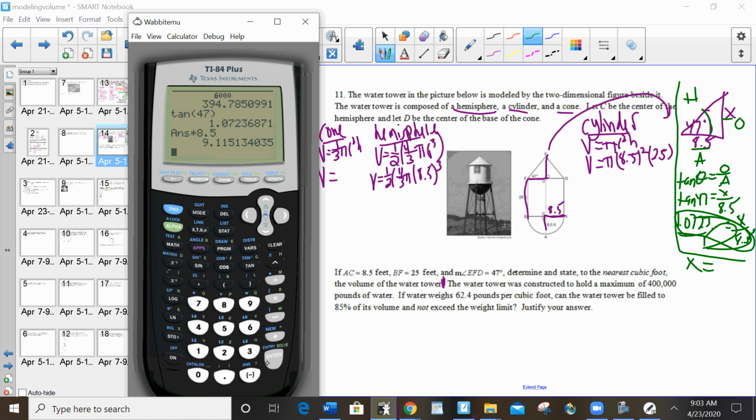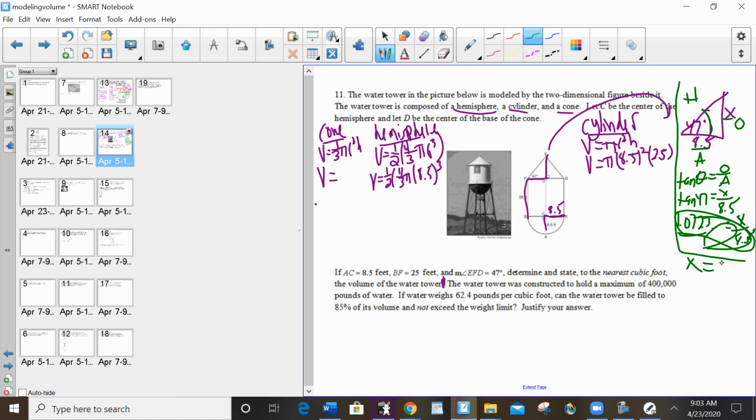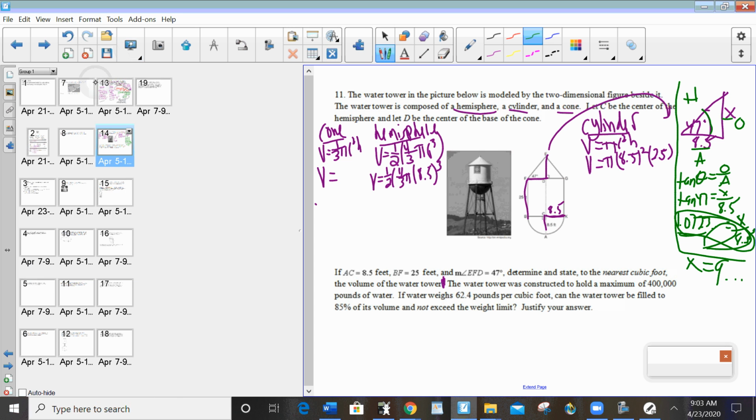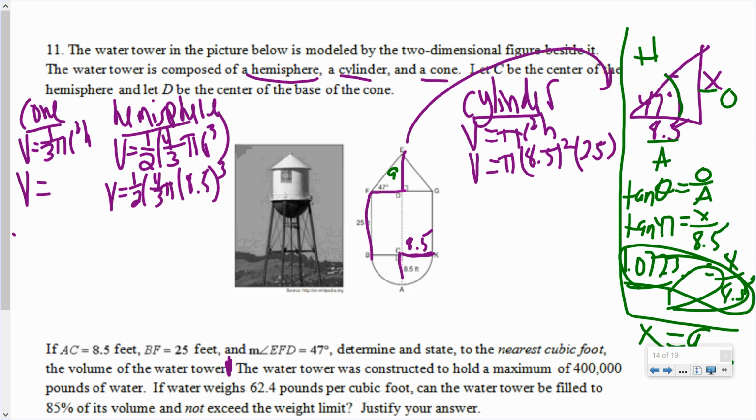And I get 9 dot dot dot. So that's the height of the cone. So now I can do 1/3 pi 8.5 squared times 9 dot dot dot. Sorry, I know I got a little messy, but it's kind of hard to maneuver with what I have here.